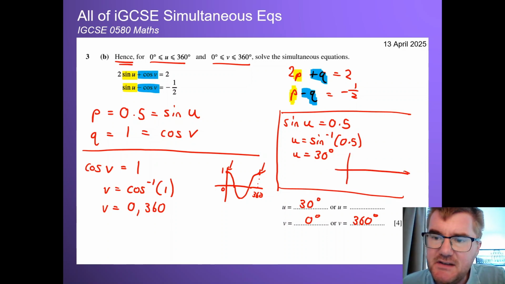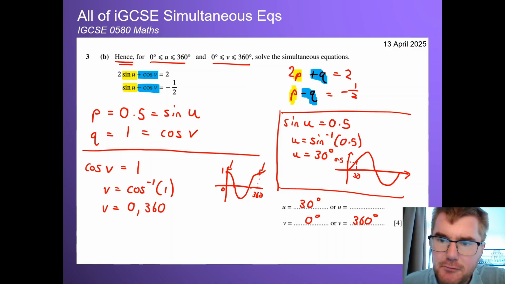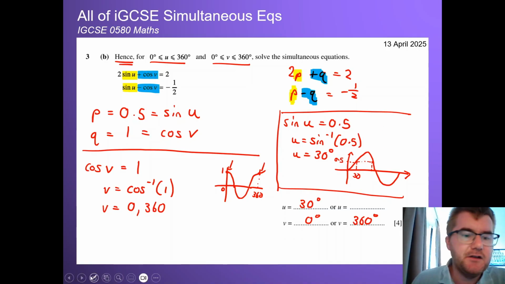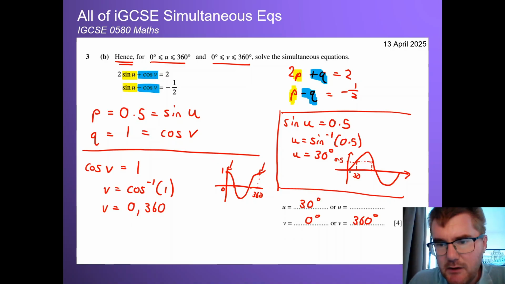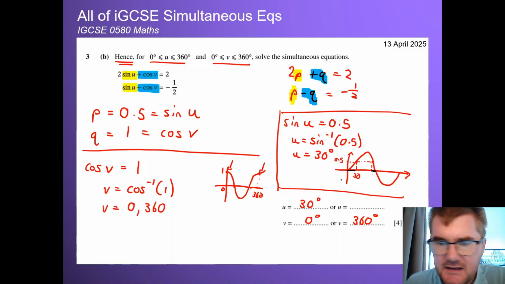But we can use the symmetry of graphs. Remember, the sine graph goes up and down, up and down. We've worked out this answer, 0.5. I'm going through this pretty quickly because this is a simultaneous equations video. But notice we need to find that other answer. The way I generally teach this is, this distance and this distance are the same. It crosses the x-axis at 180 degrees.